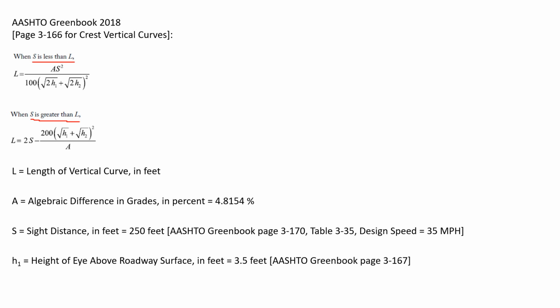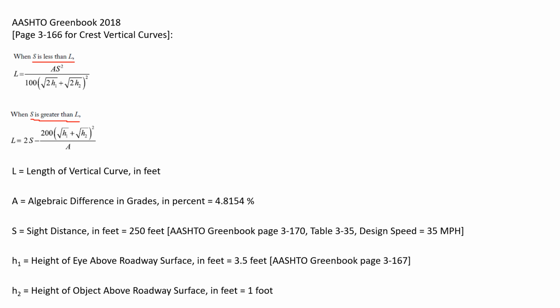H1 is the height of the driver's eye above the roadway surface. We're not told that we need to modify that for this problem, so we're going to use the default assumption from AASHTO of 3.5 feet. And H2, the height of the object above the roadway surface, is what we're modifying.